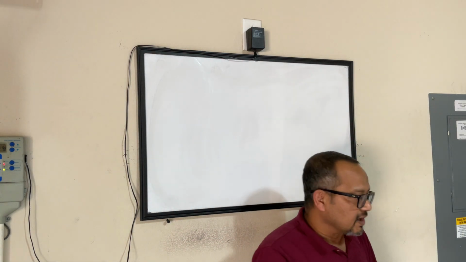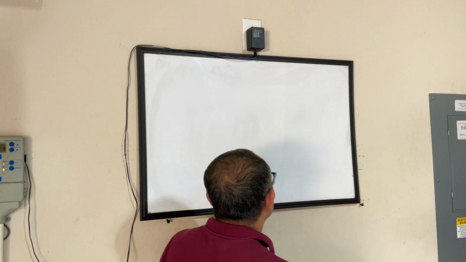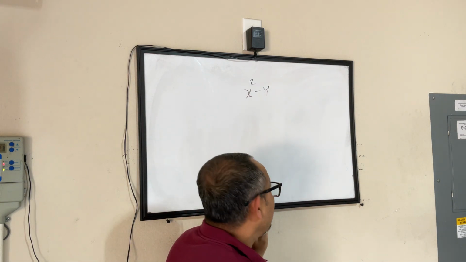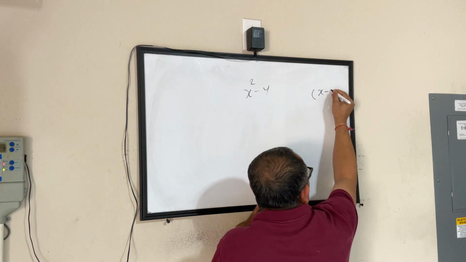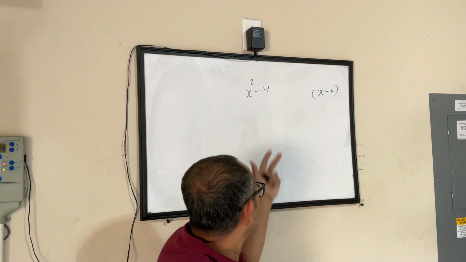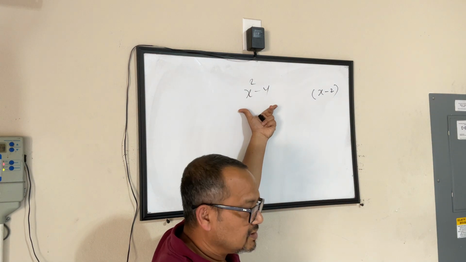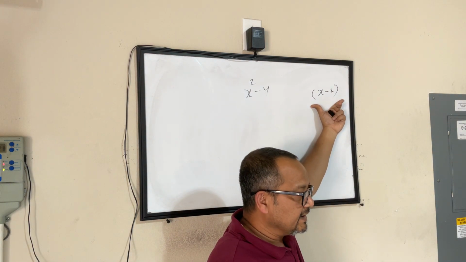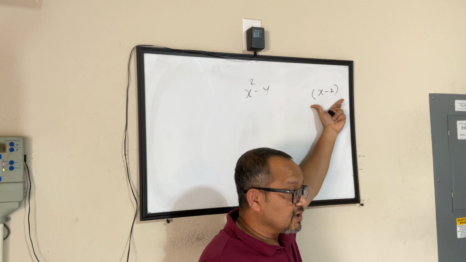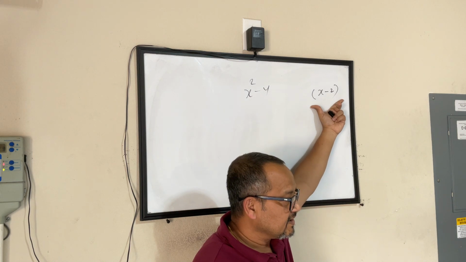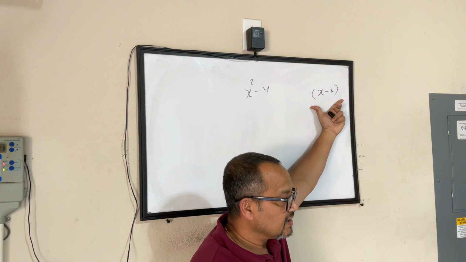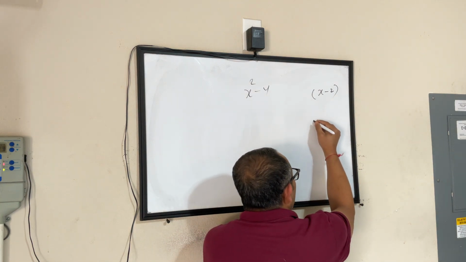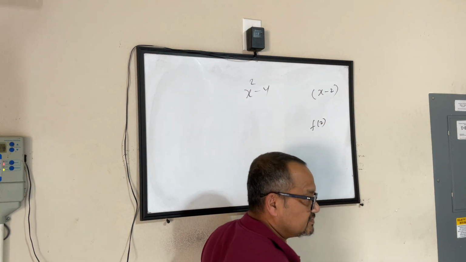Now, let's pick up another one. Let's say I have x squared minus 4, and I divide that by x minus 2. This is a polynomial, and I'm trying to divide it by x minus 2. The polynomial remainder theorem says that my remainder would be f of 2.